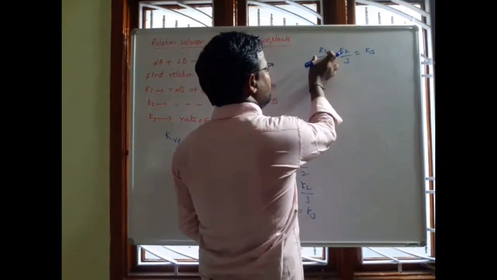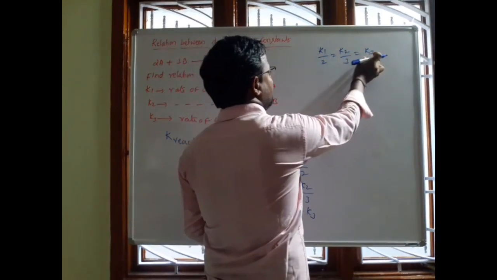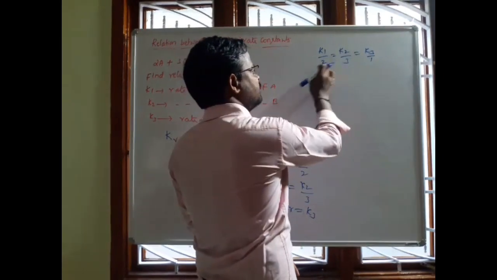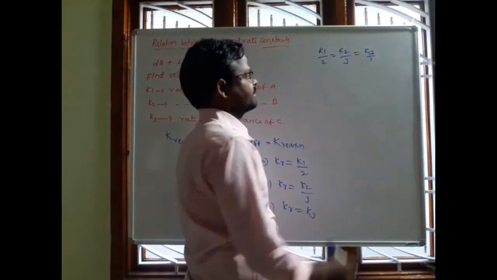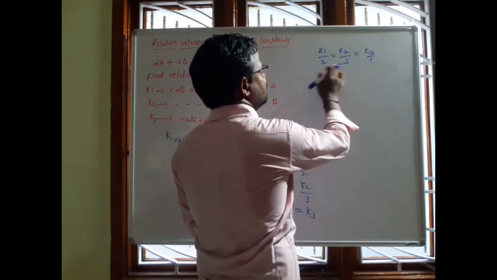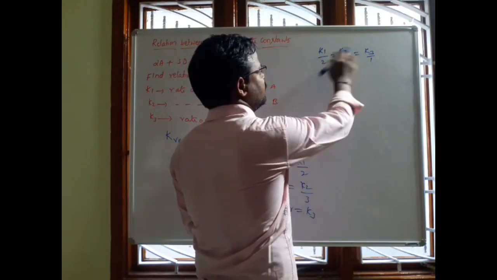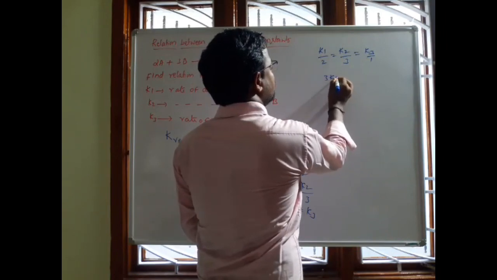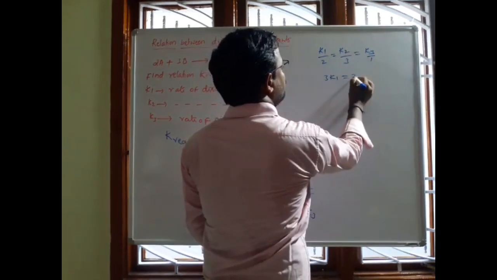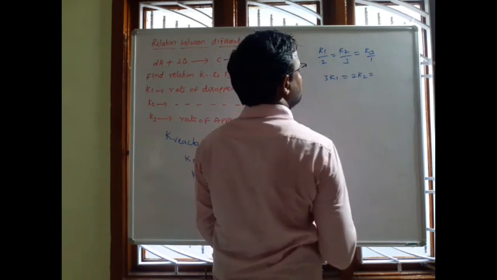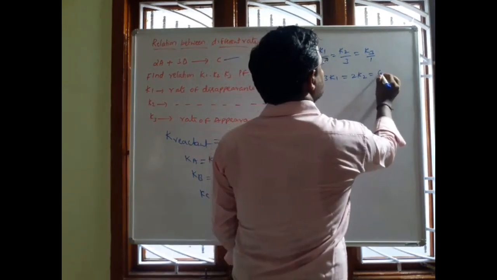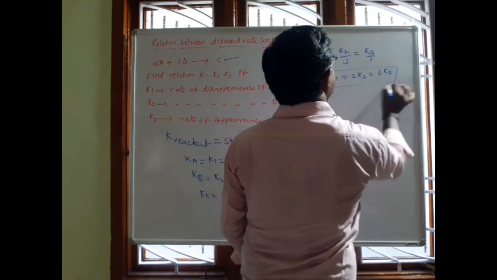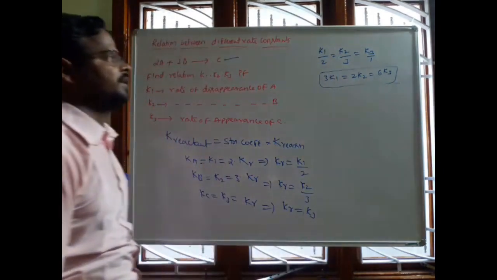Here the denominators are 2, 3 and 1. The LCM of 2 and 3 is 6. Therefore, we get 3 K1 equal to 2 K2 equal to 6 K3. It is the relation between K1, K2, K3.